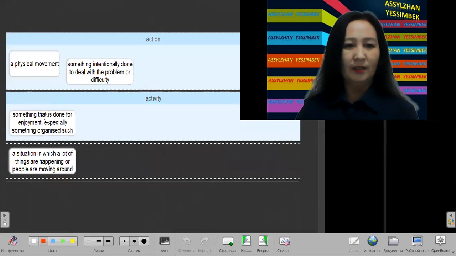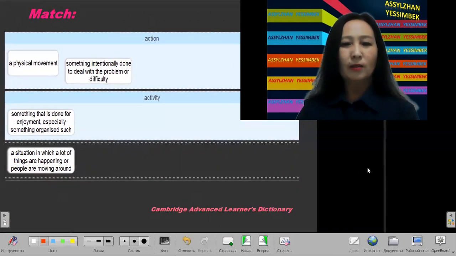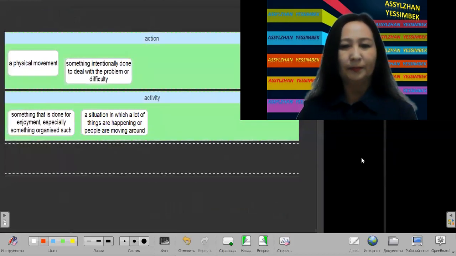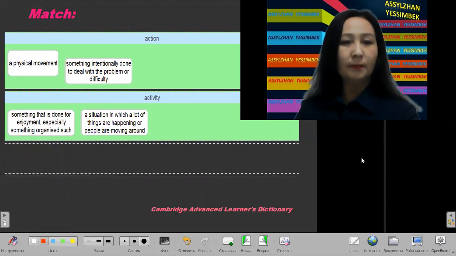This is an activity. And a situation in which a lot of things are happening or people are moving around. This is also an activity. So as we see, action has two meanings and activity has two meanings.